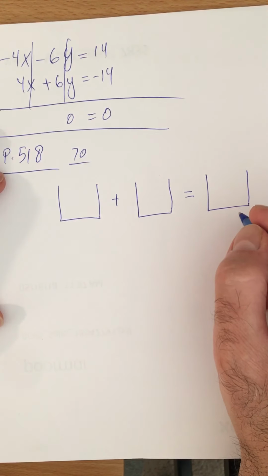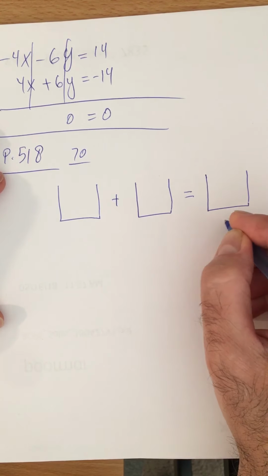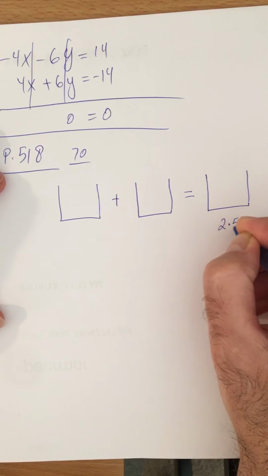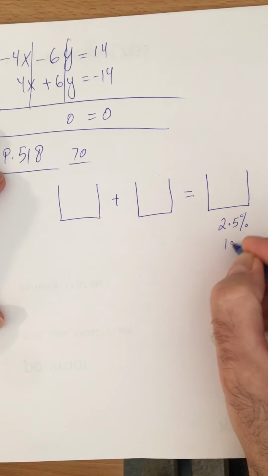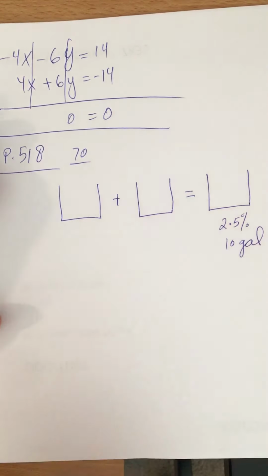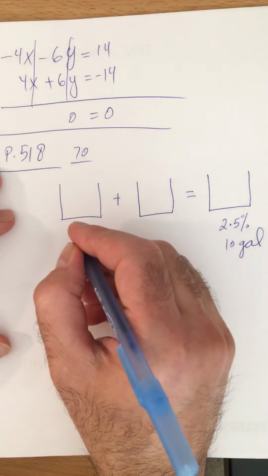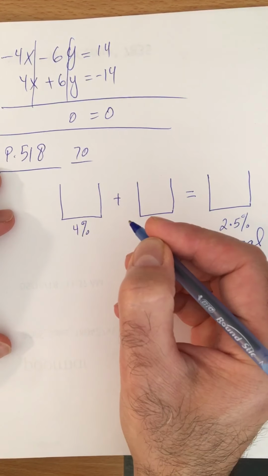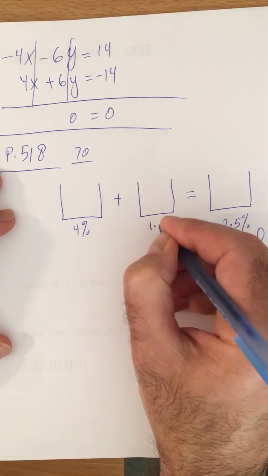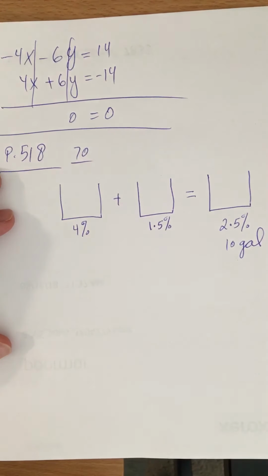So you have 2.5% milk fat and you want 10 gallons. He has milk that is 4% milk fat and some that is 1.5% milk fat. How much of each should be used?